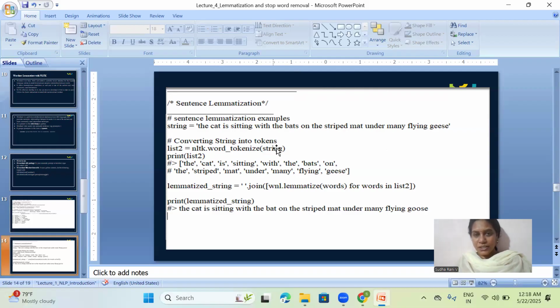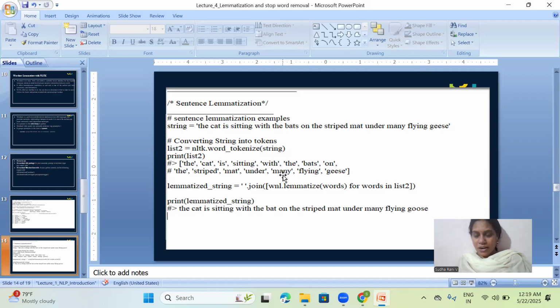First, the string has to be converted into tokens. If you take multiple sentences, then sentence tokenization has to be applied. If you take a single sentence, then word tokenization has to be applied. As it is a single sentence, we are applying word tokenization.